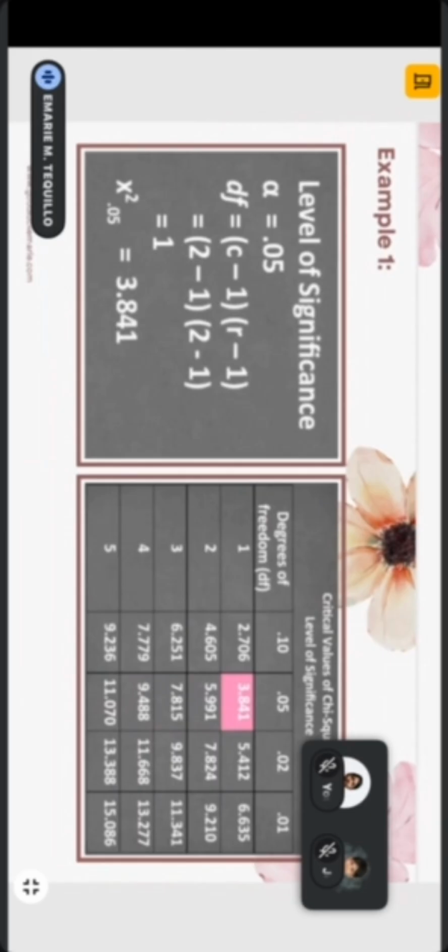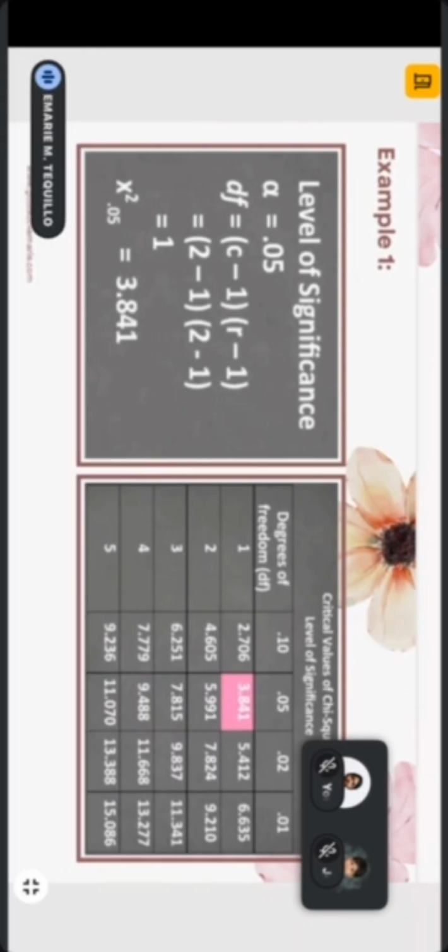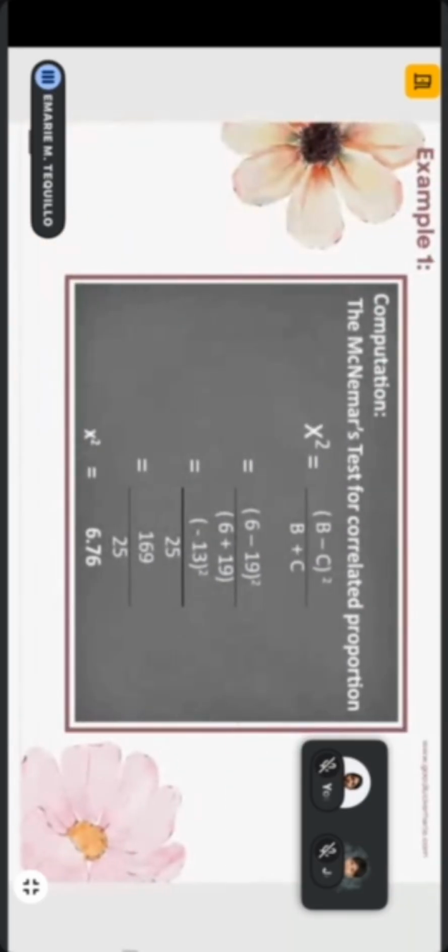Tanaw nato sa iyang critical values, di ba? Sa degrees of freedom 1 and then 0.05, ang value kay 3.841 jud siya. Okay, nakuha naman nato ang level of significance. Let's proceed to the next slide. So, ari na ta sa computation, using the McNemar's test for correlated proportion.